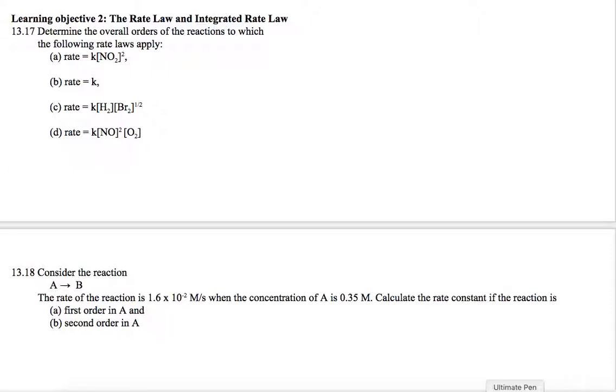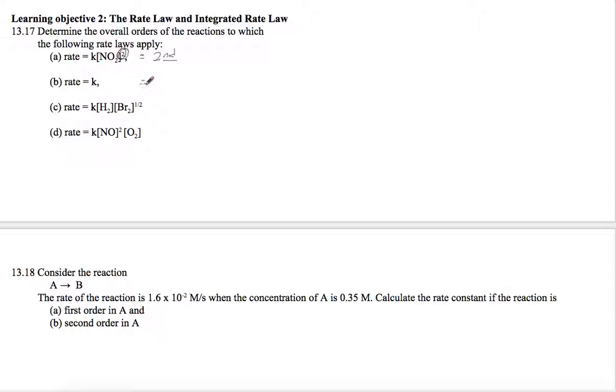All right, so the first thing here asks for the overall orders of these reactions. Remember that the order is based on the exponent. Now, since there's only one reactant here, it's just based on that. So this would be second order. When we have rate is equal to k, that means that no matter what concentration we have of the reactant, it's not going to change the rate.